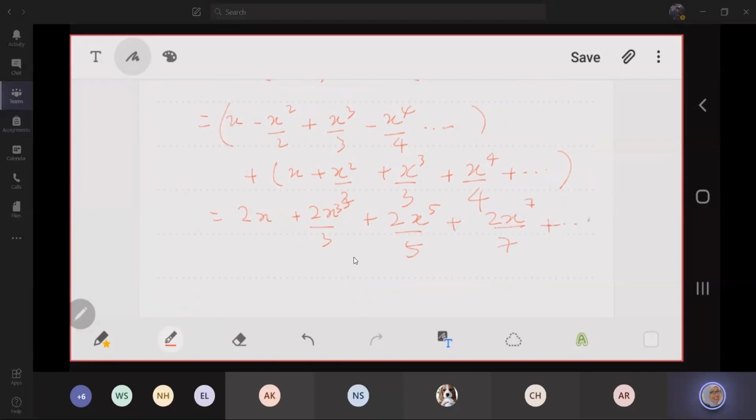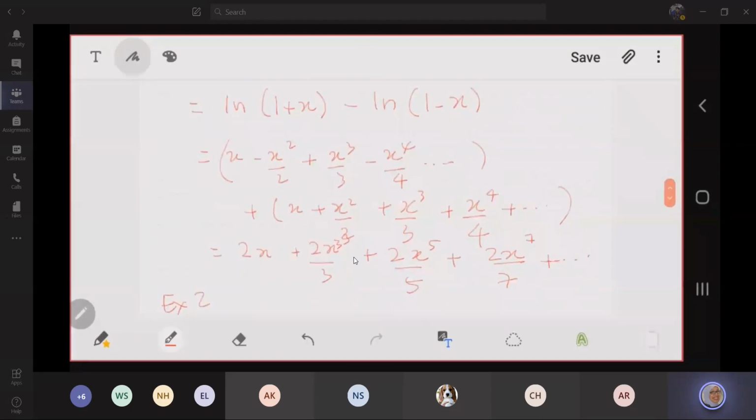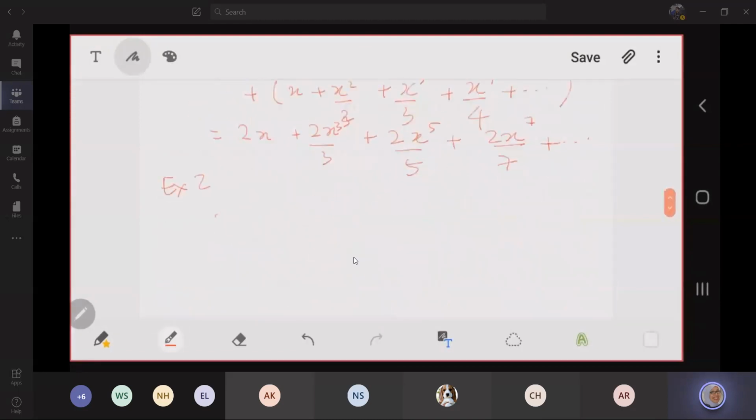Okay, so let's say we have example 2. Let's say we want to find e to the 2x plus e to the minus 2x divided by e to the x.